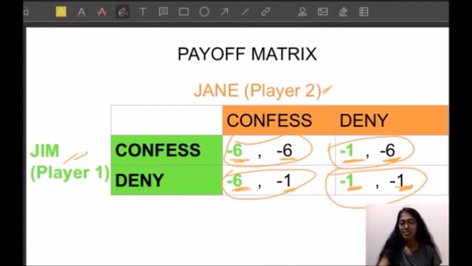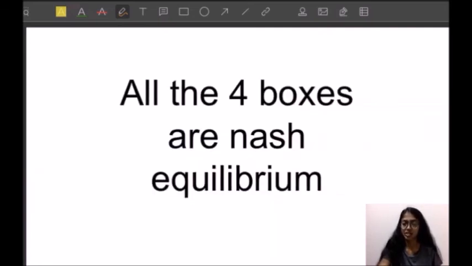What happens in this game is that since the suspects get neither personal reward nor personal penalty for confessing, they are indifferent between confessing and denying, and hence all the four are the outcomes of the game and their Nash equilibrium. So this was all about prisoner's dilemma redux, where we saw that it is possible for all the outcomes in a payoff matrix to be Nash equilibrium.